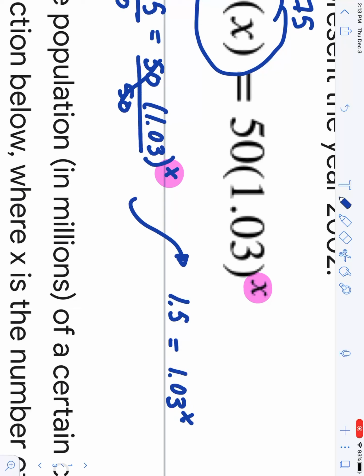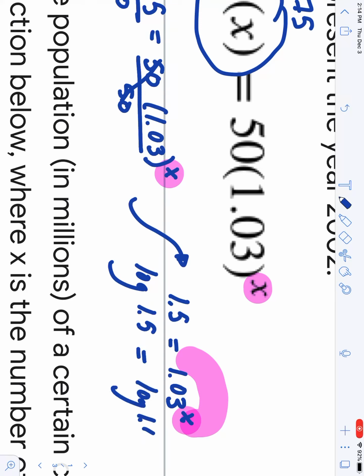Now, in order to bring that exponent down, hopefully you recall that we need to take the log of both sides. So I'm going to go log 1.5 equals log 1.03 to the x. That drops the exponent down, so I'm going to do that all in one step here.